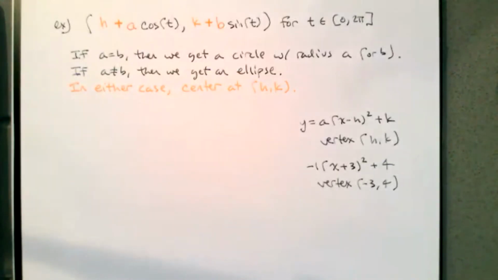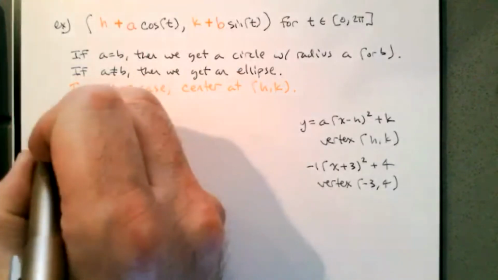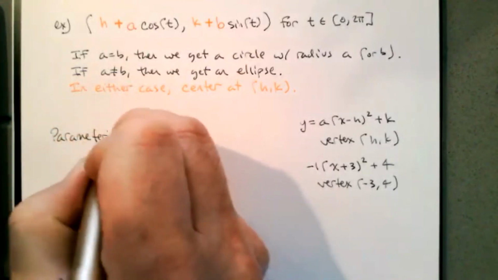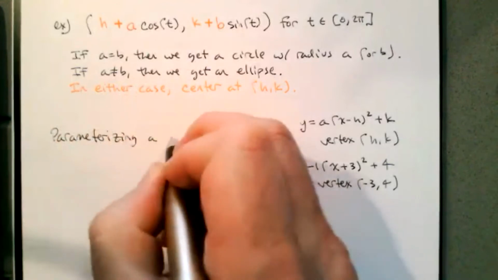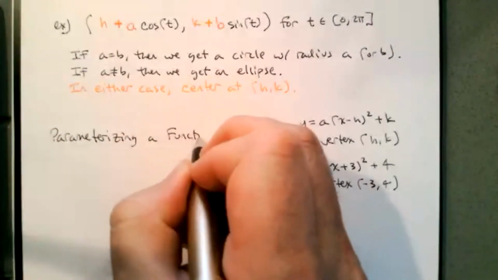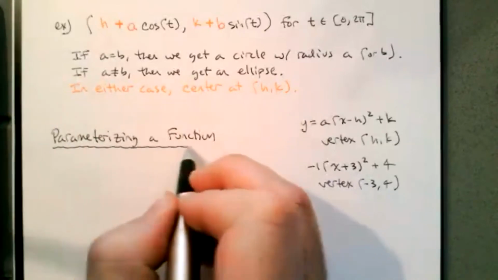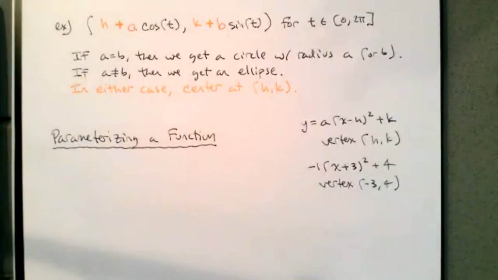Let's think about parameterizing a function. When we introduced the concept of parameterized curves, our motivation was to be able to describe a one-dimensional curve in R2 that could not be expressed as a function.